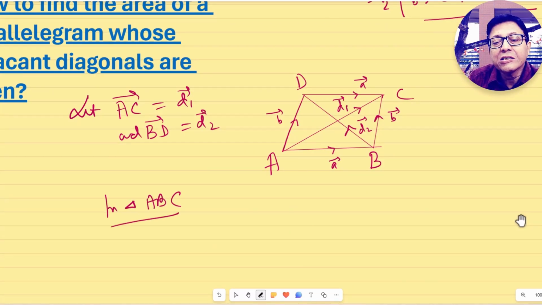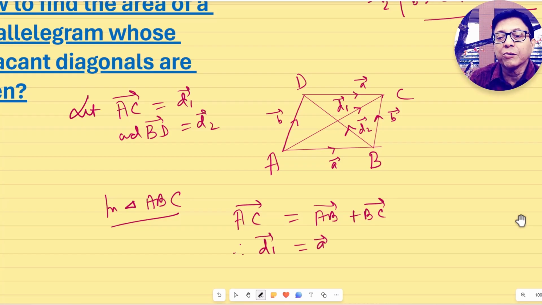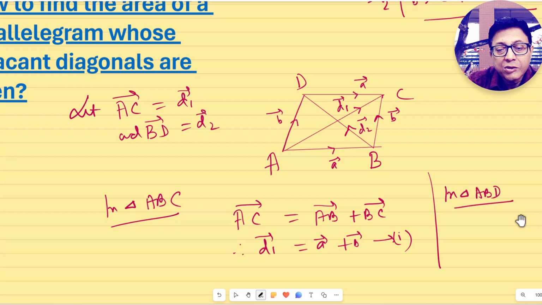This one is vector A and take this one as vector B. Then area will be mod A cross B, and you can find the value of A and B in terms of D1, D2. How to? If this one B vector, this is going to be B vector. This one A vector, this is going to be A vector.